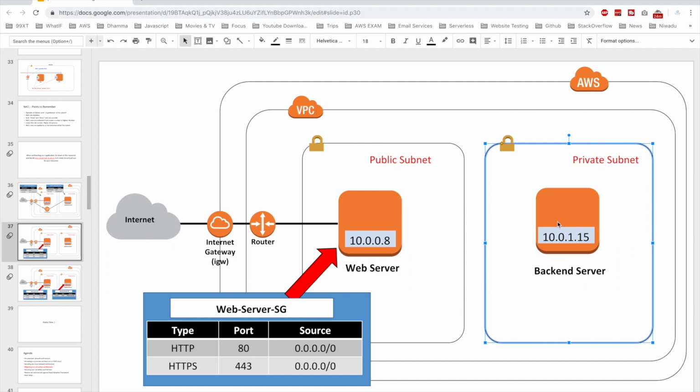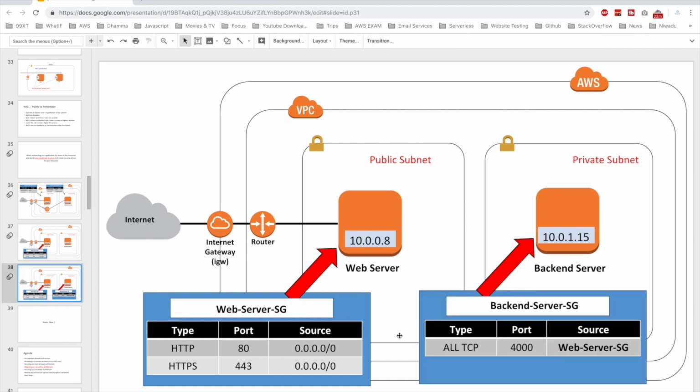Basically, we have to define another security group for our backend server. Here we go. So we created this backend server security group which allows all TCP on port 4000. So let's say our backend server is running on port 4000. So we define port 4000, and which source do we allow? We are allowing any resource that has the web server security group attached.